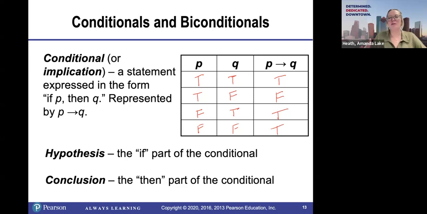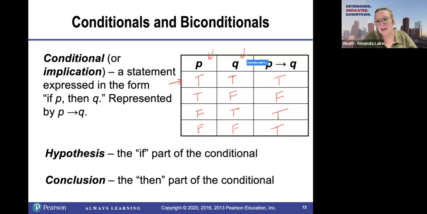So maybe a better example for this is something like, my uncle said, if I make an A in the course, then he'll give me $10. So we can determine if the uncle is telling the truth, if this implication statement is true, then we can think about what happens if I make an A and if he gives me $10.